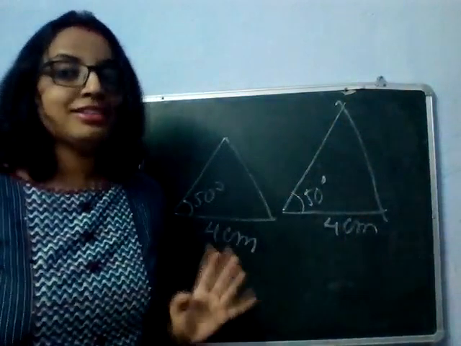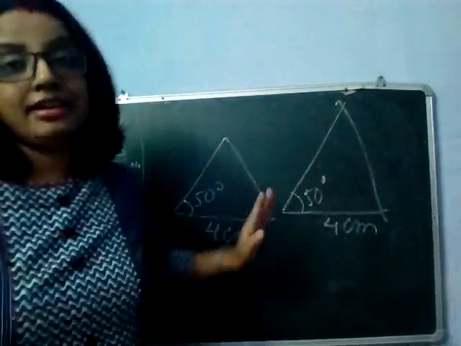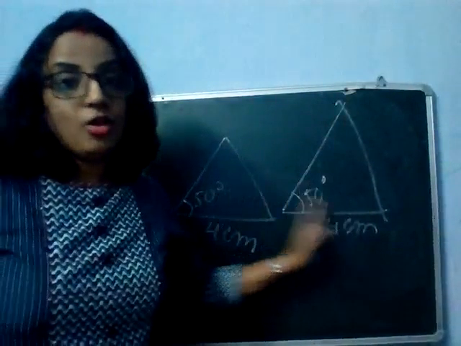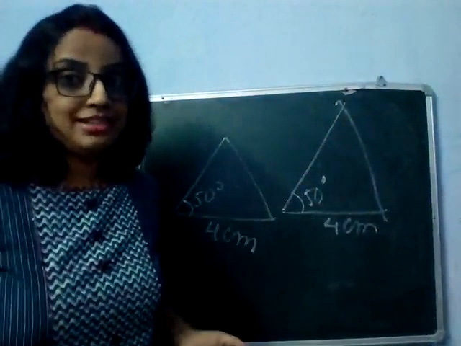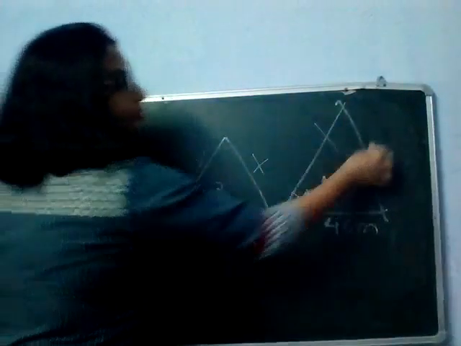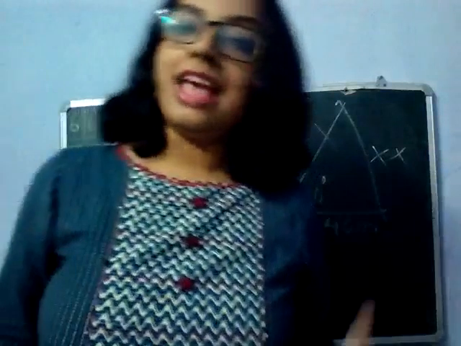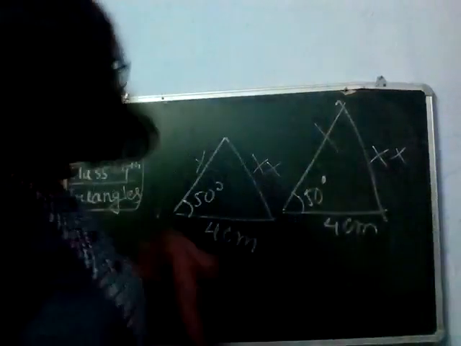No, you can't say these two are congruent. Here only one angle and one side are equal, but these two sides are not equal. So you can't say these two triangles are congruent. Okay.